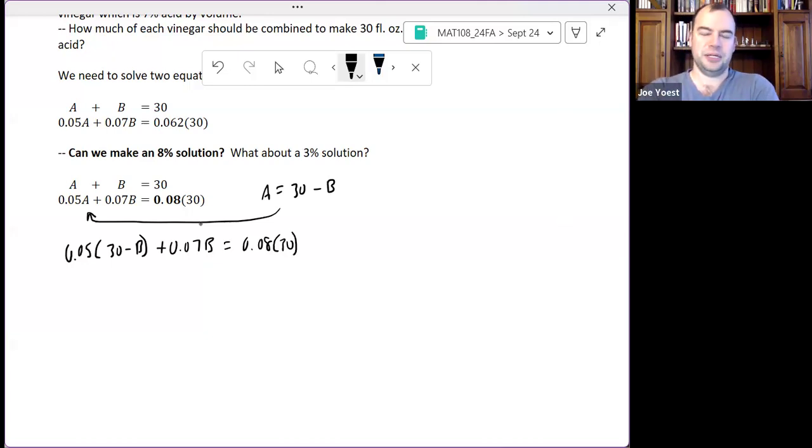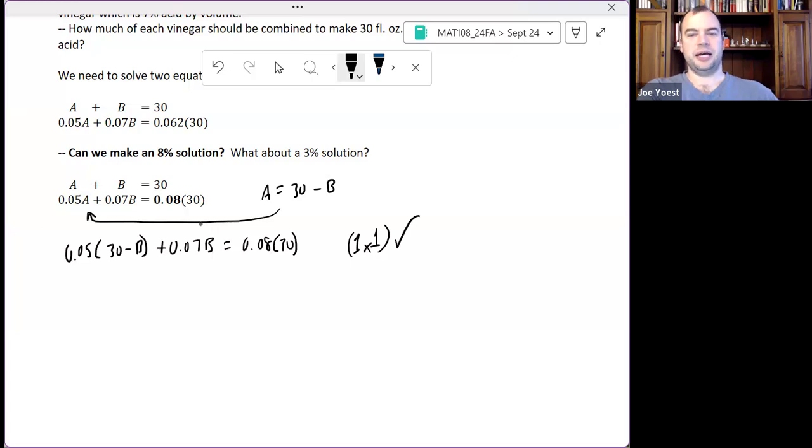Not the prettiest equation in the world, but I do have one equation and one variable. And I know how to solve a single linear equation in one variable. I simplify both sides, combine all like terms to get number times variable equals number on both sides. And then I go through my equation solving steps, isolate the variable term, isolate the variable itself, and then check.